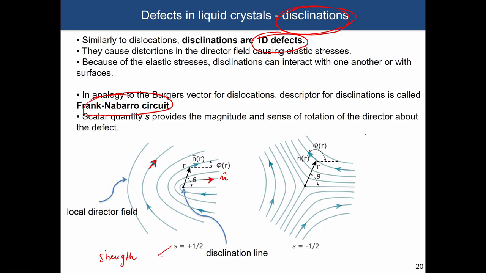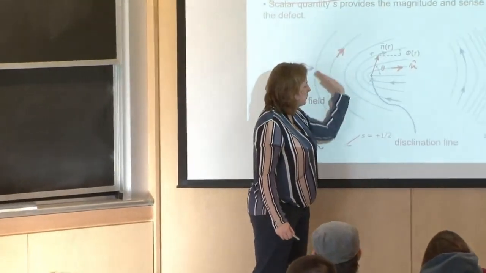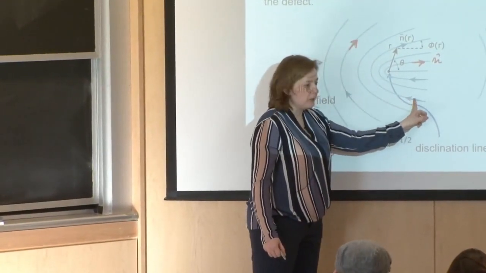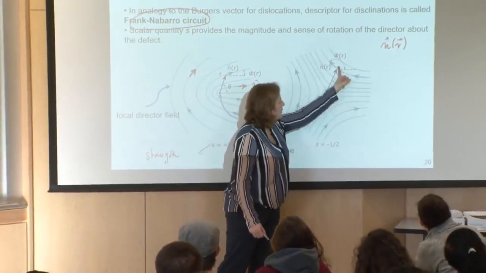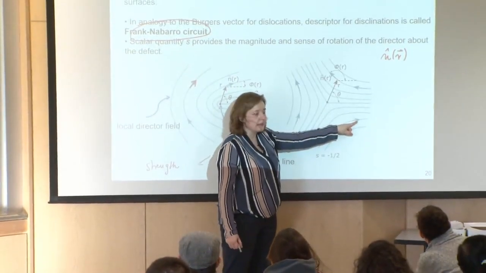We know that the director is a function of the position, and it is changing in a continuous fashion. We see that it rotates, goes from this direction and eventually ends up here. In the second case, the situation is slightly different: the director goes here and then eventually ends up here.